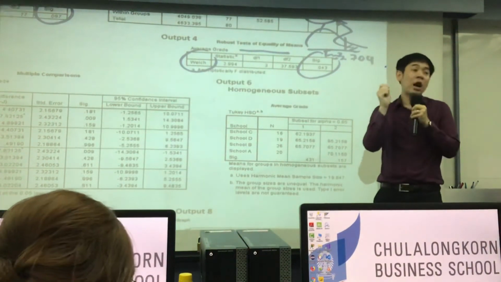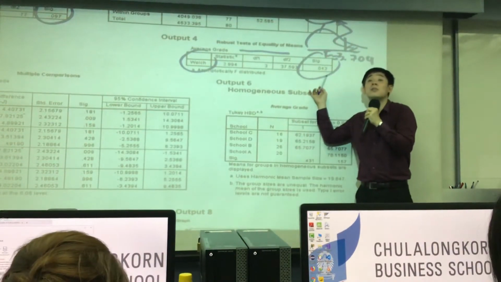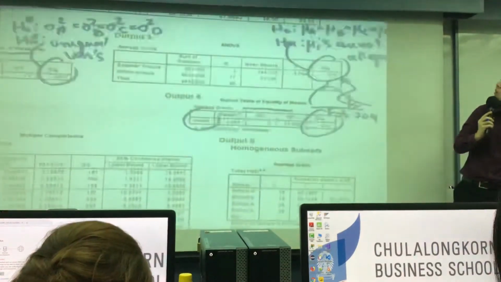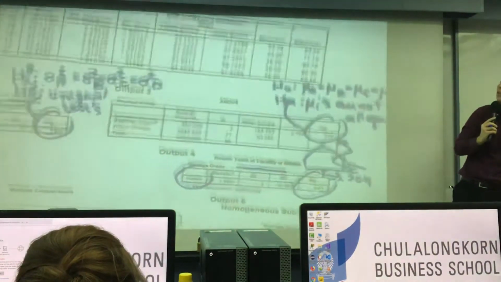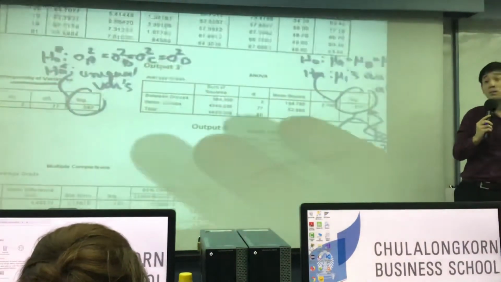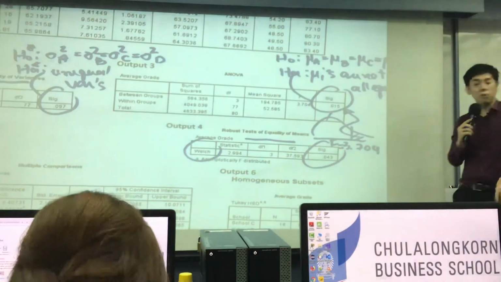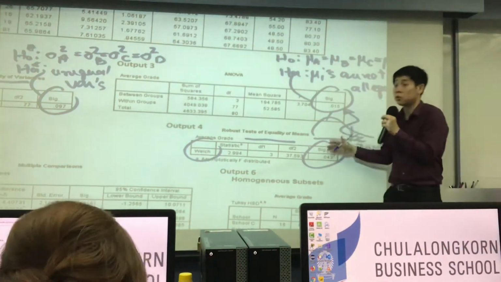Meaning that if ANOVA fails, you use Welch. How do we set up Welch? H0 and HA are the same as ANOVA, but you don't need equal variance or normal distribution. So the goal is to try ANOVA first. If you cannot use ANOVA, you use Welch.